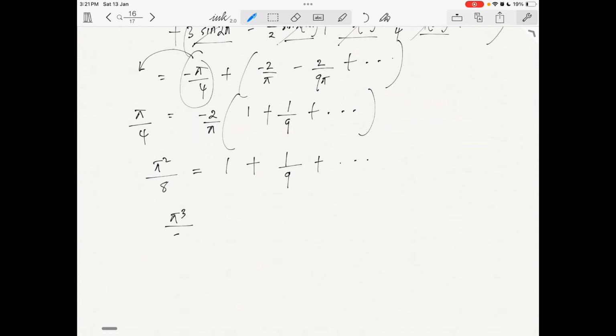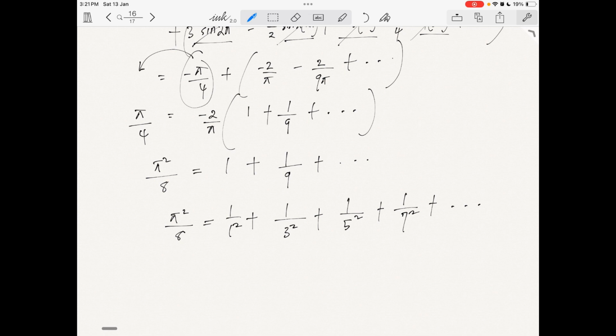So we can interpret it as pi squared over 8 is equals to 1 plus 1 over 9, which is 3 squared, and 1 here is 1 over 1 squared, and then we can continue the series. And this brings us to the end of this video.